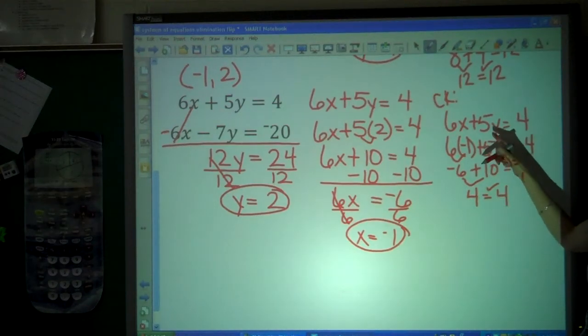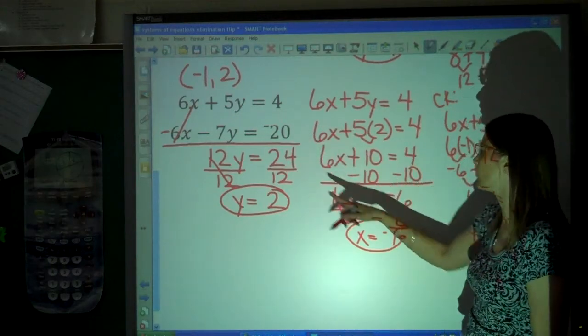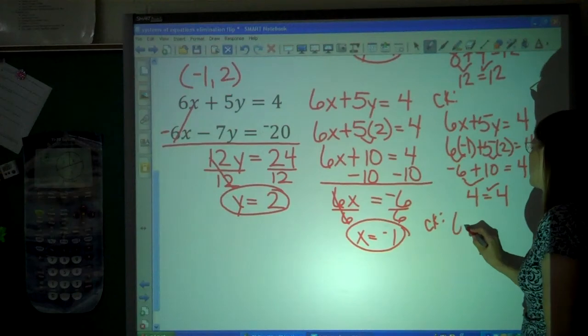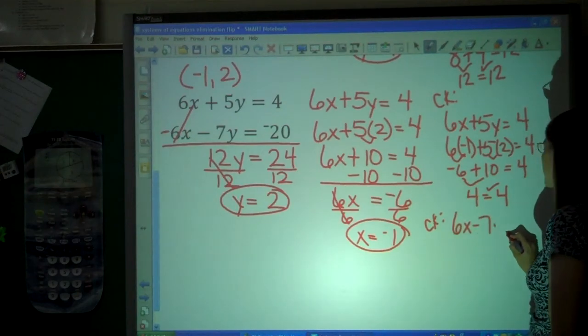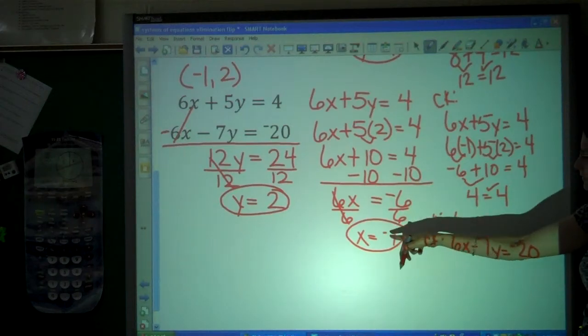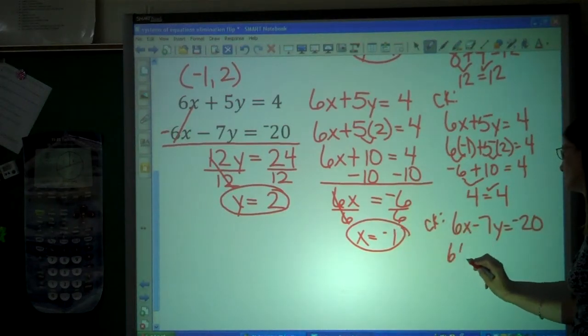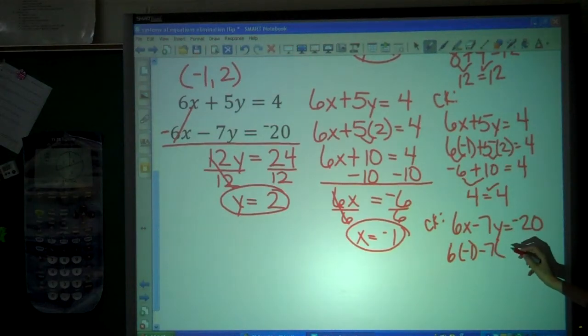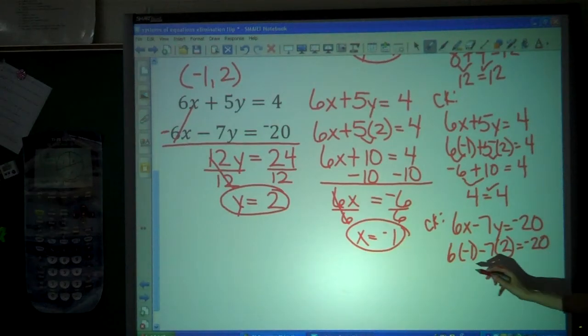But just because it works for this equation, it may not work for this one. So I'm going to plug it into the second equation. 6x minus 7y equals negative 20. We said x is negative 1. Minus 7 times y, which is 2, should equal negative 20.